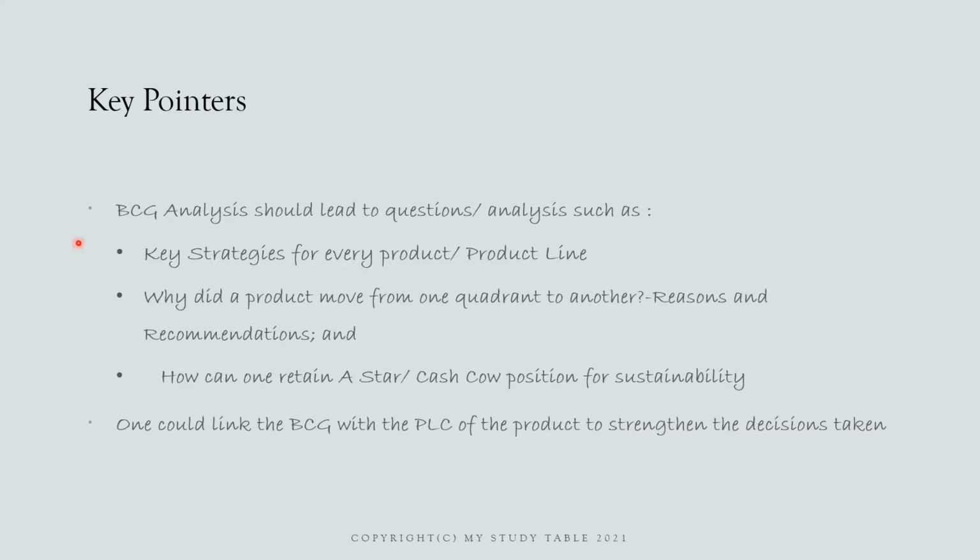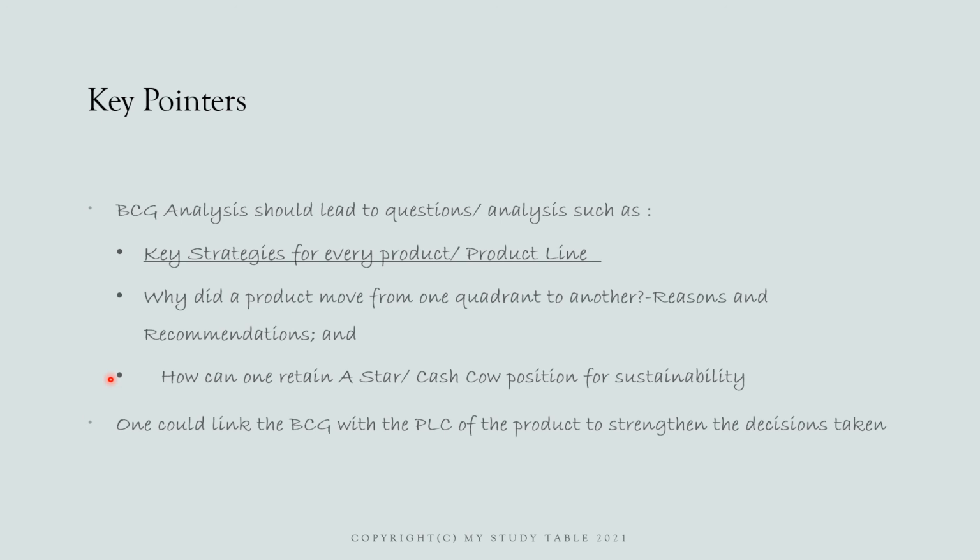BCG analysis should lead to questions and analysis such as key strategies for every product or product line, the way we saw in the caselet. Why did a product move from one quadrant to another? Reasons and recommendations, especially if it has been a regression. How can one retain a star or a cash cow position for sustainability?